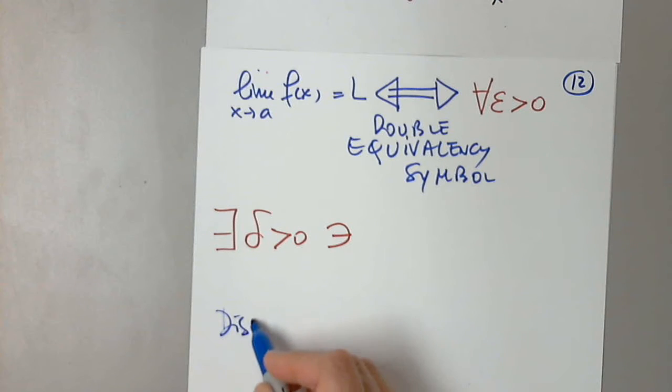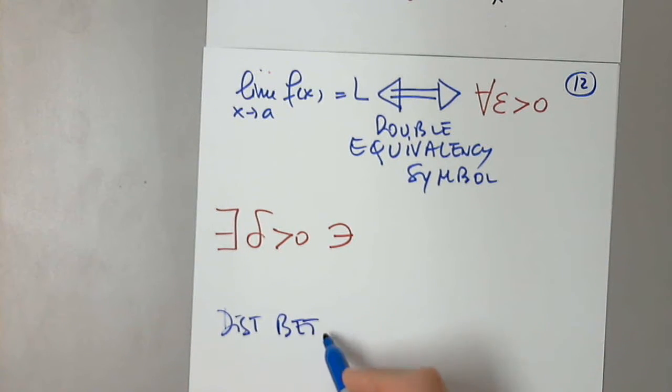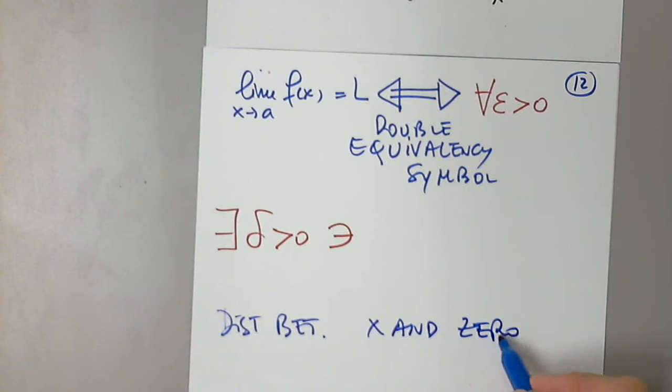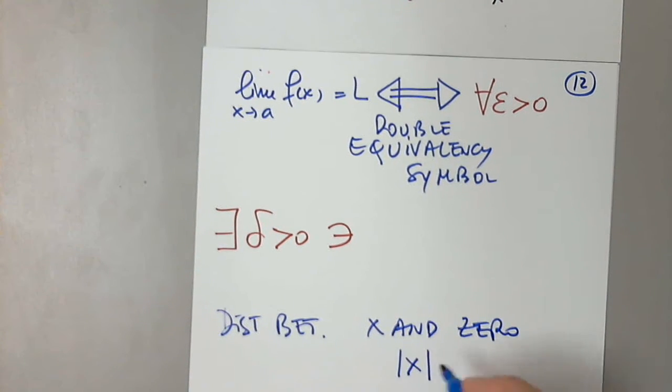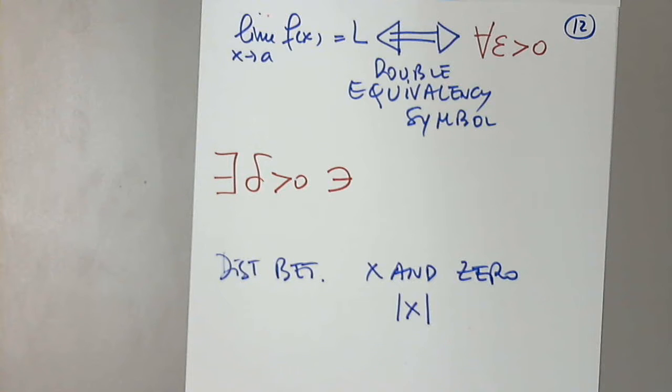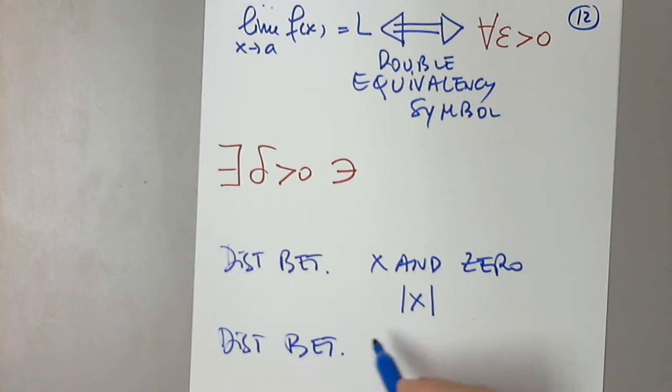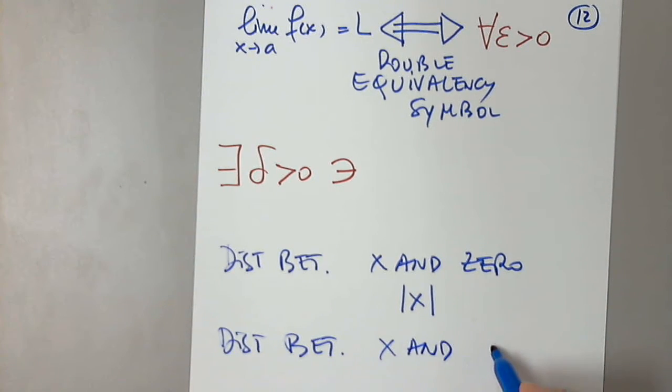So the distance between x and 0 is written as the absolute value of x, correct? That's the distance between x and 0, correct? How do I write the distance between x and a?